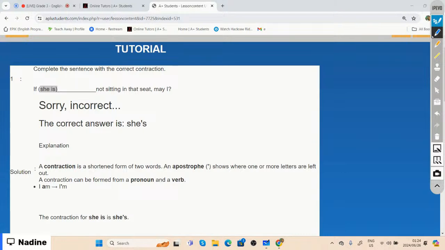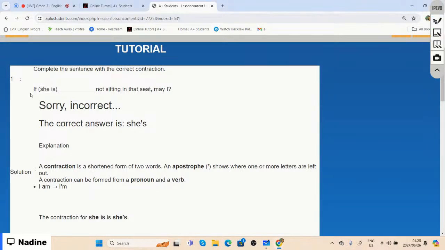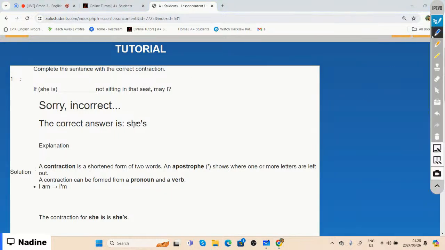So we're going to add one apostrophe wherever we remove the letters. So we said we now need to look at the word in bracket, and we need to give the contraction of that word. So it says, if she is not sitting in that seat, may I?